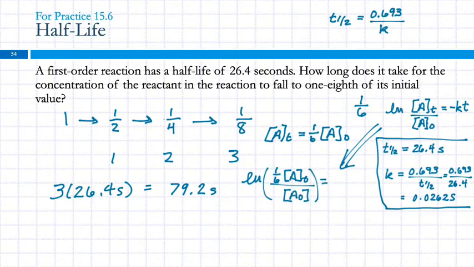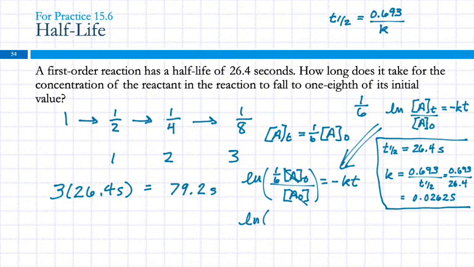is equal to, now I have my rate constant, negative 0.02625. Really poor planning here. Let's go down this way. Actually, let's just stay with K for now. How about that? That's easier. And again, we can cross out the A0s.